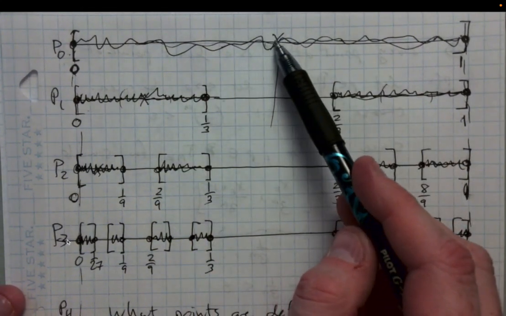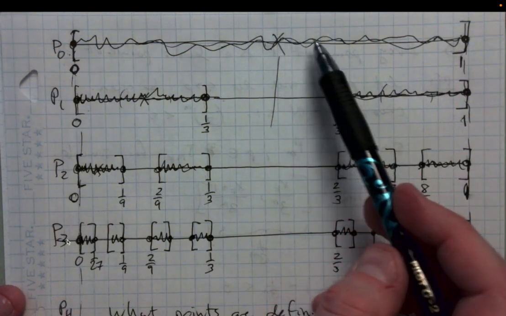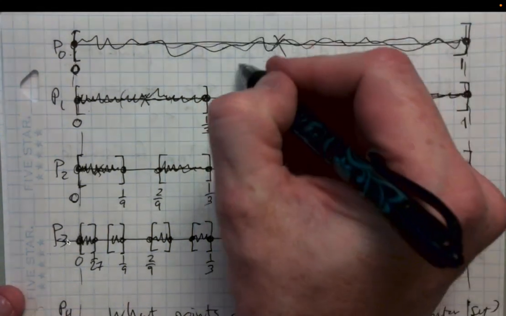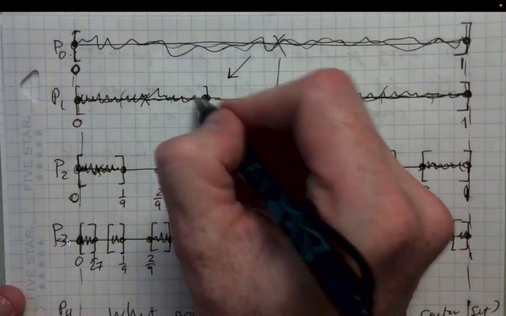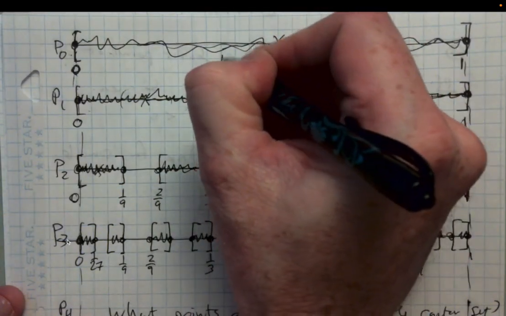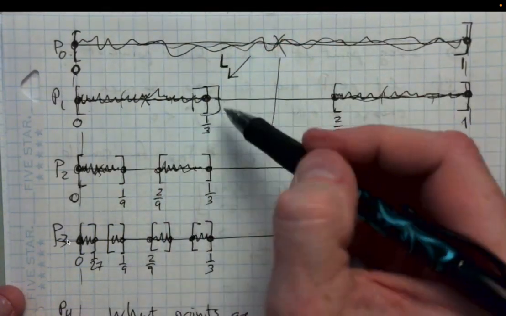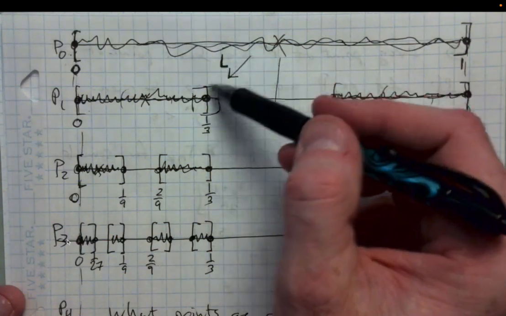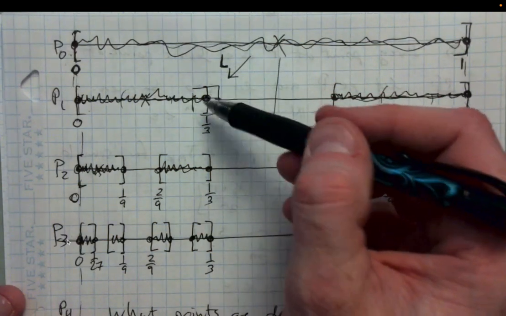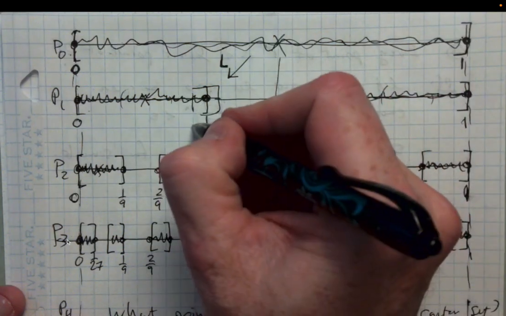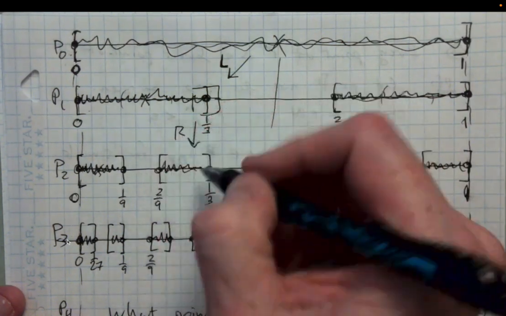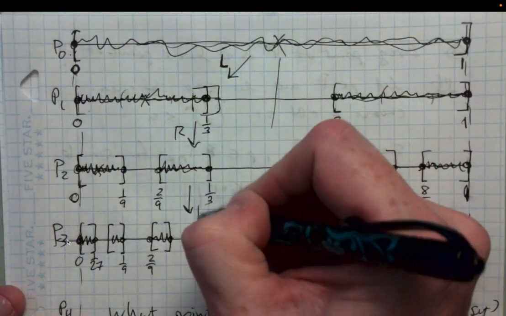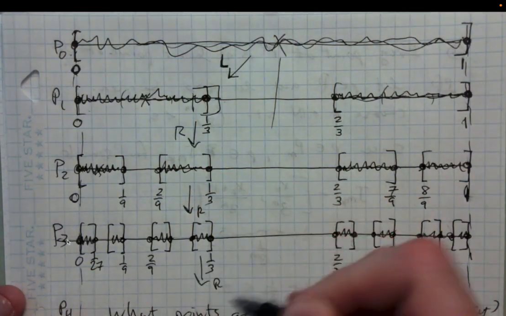So if I'm talking about the number 1/3, I start here and I have to go left, right? So I make a left turn to get to 1/3. And then I'm here, and the idea is I'm going to come up with an infinite string of lefts and rights. So what do I have to do? I have to go left or right from this interval. Well, from this interval I go right, and then I go right again, and then I stay right to get to 1/3.